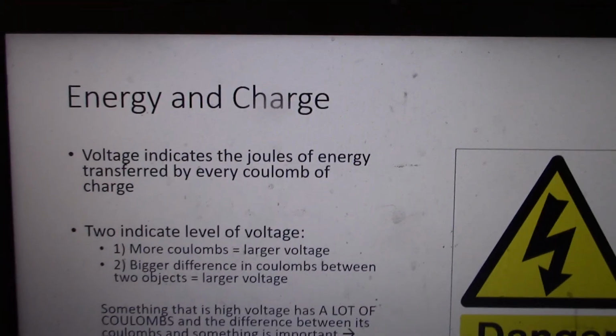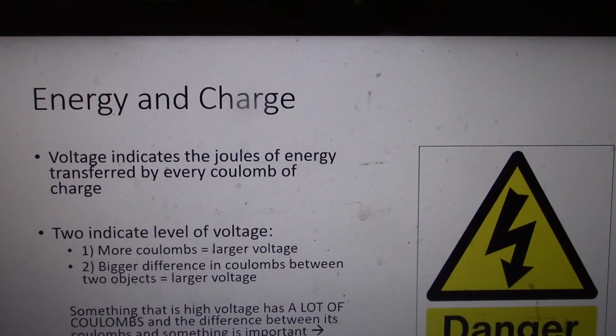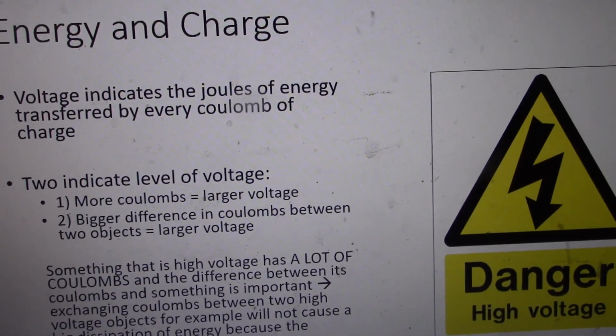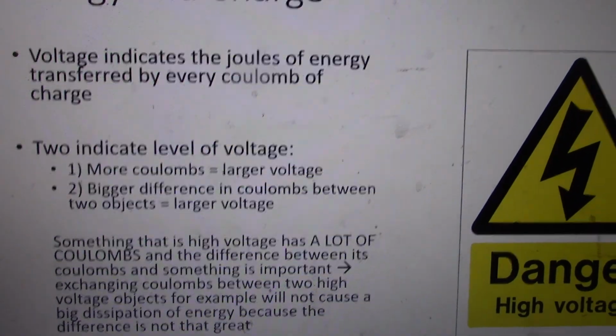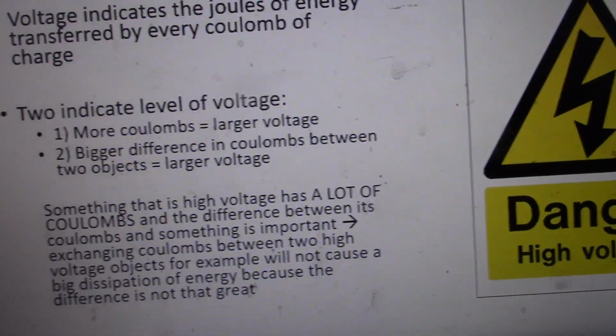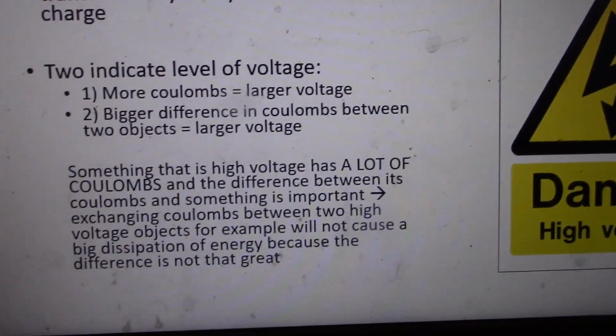So when we look at charge and energy, voltage indicates the joules of energy transferred. There's two things that indicate level of voltage. If there's more coulombs present and there's a larger difference in coulombs between two source objects, then you get a larger voltage.